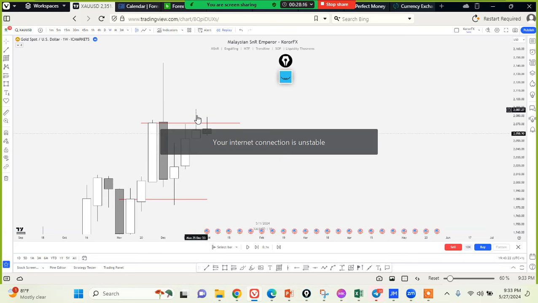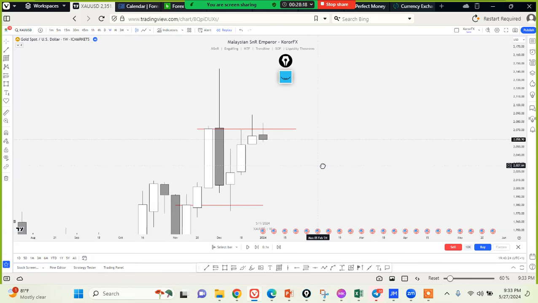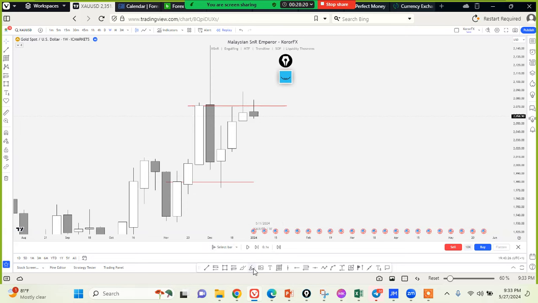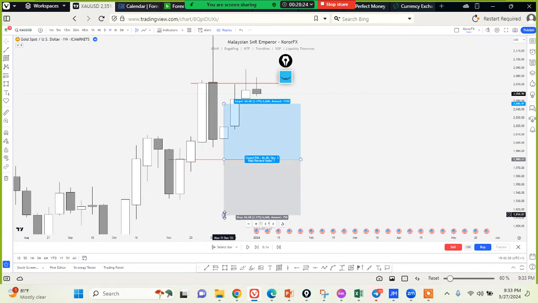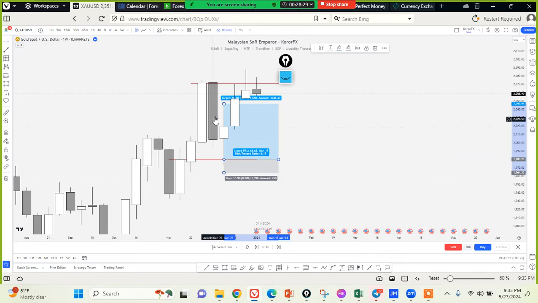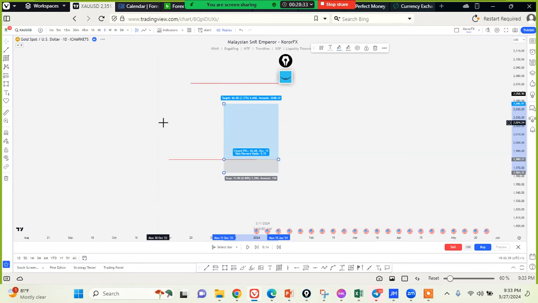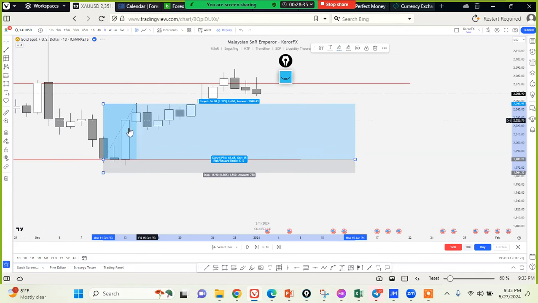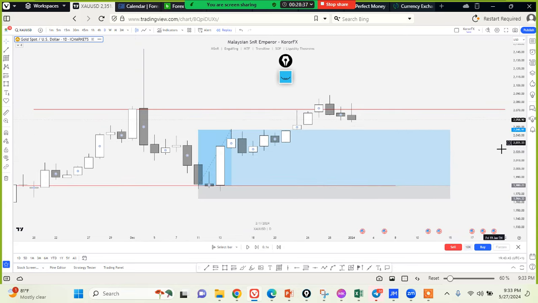So this is another rejection. Why can't you understand that this was a nice buy from this week, and then price did not stop at daily levels? The daily levels did not stop the price.